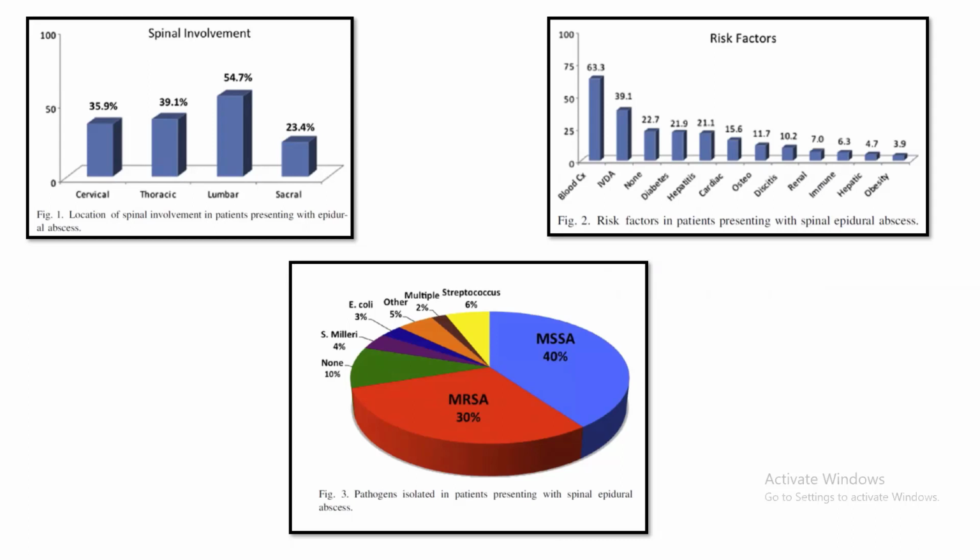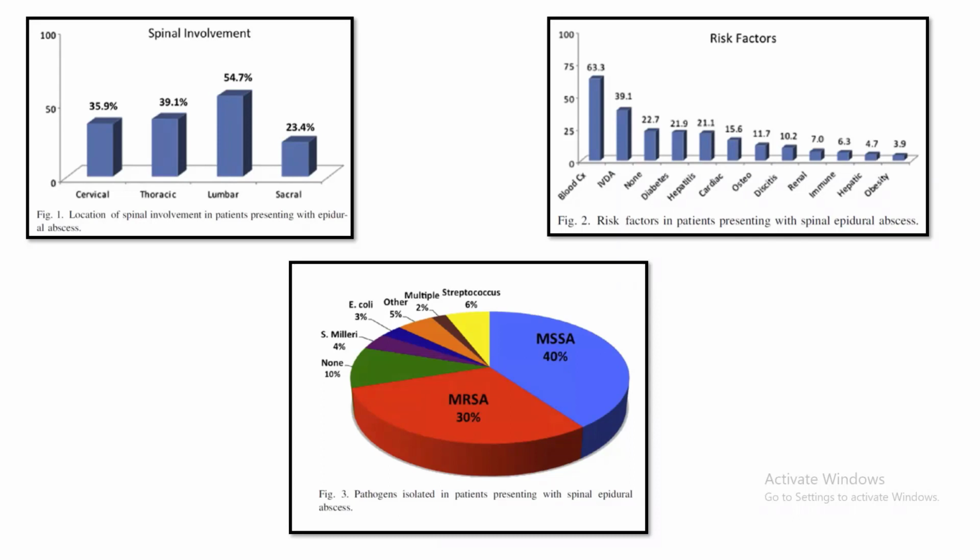Thank you, sir. And basically, as we mentioned earlier about the risk factors and so forth, when you look at the top left graph, you'll see that more than half of the cases, in terms of the spinal section, were lumbar, which is very consistent with other studies.